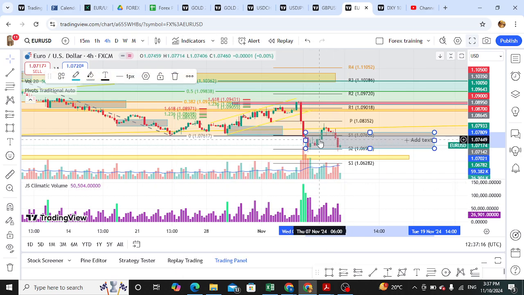So this is the volume zone. Now, one of the things that volume zones are used for. Look at how the price moved from the bottom. Here, it moved up. So one of the uses of the volume zone, some traders take the zone, if the price is inside and moving from one edge of the zone to the other, they take that trade.